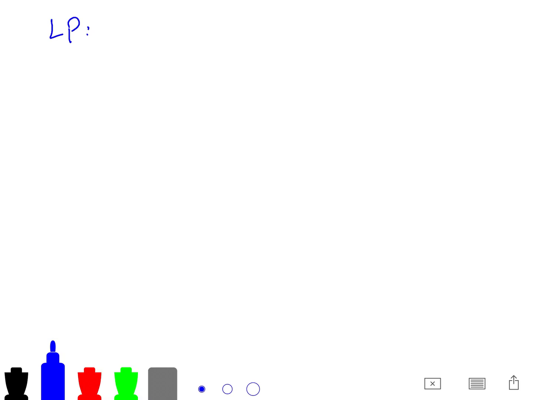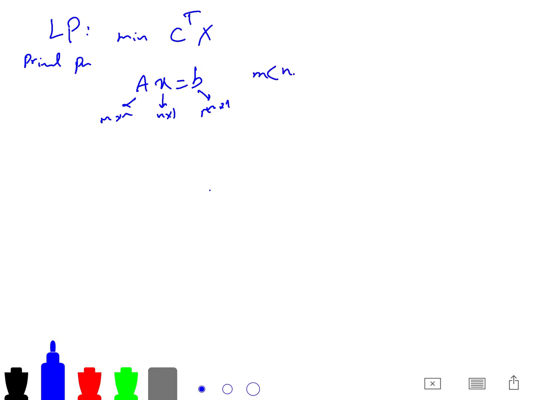First, I just review the LP primal problem. We want to minimize C transpose x, such that Ax equals b. This is n by 1, for example, so this becomes m by 1, and assume m is less than n.